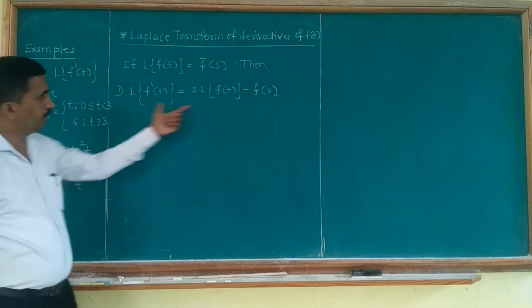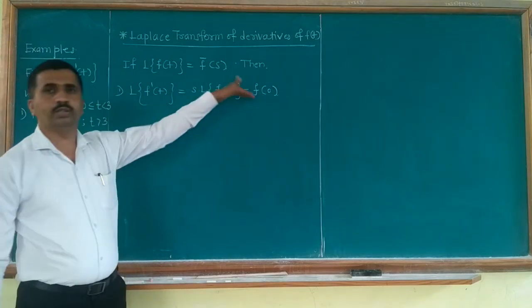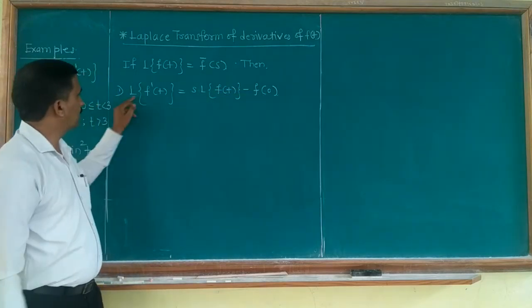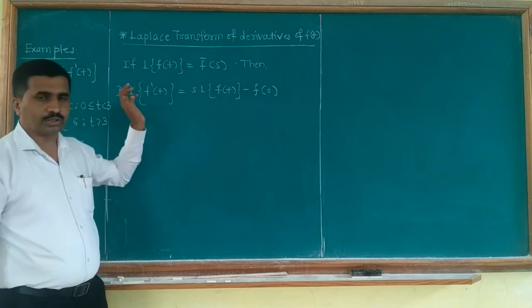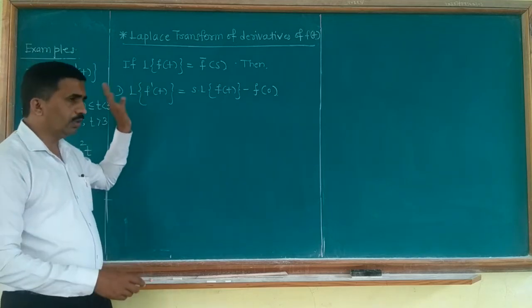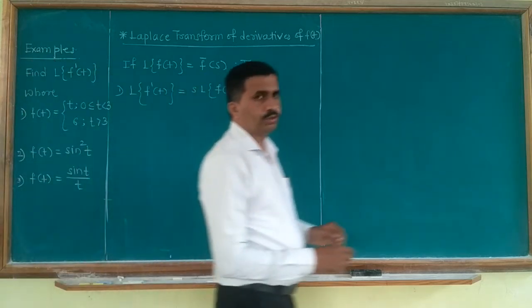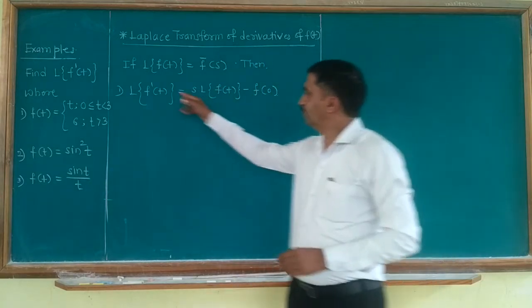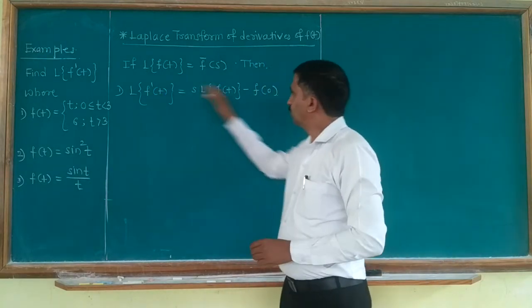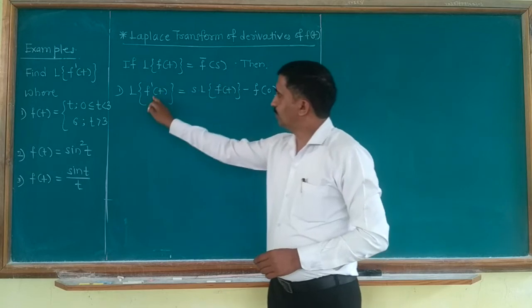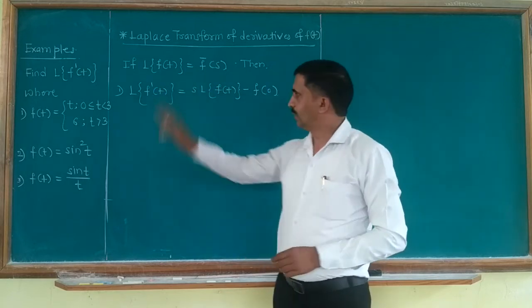So if you find these two values and substitute in this formula, you will get the Laplace transformation of f dash t. One of the advantages of this formula is that without finding the derivative, you can obtain the Laplace transformation of that function.